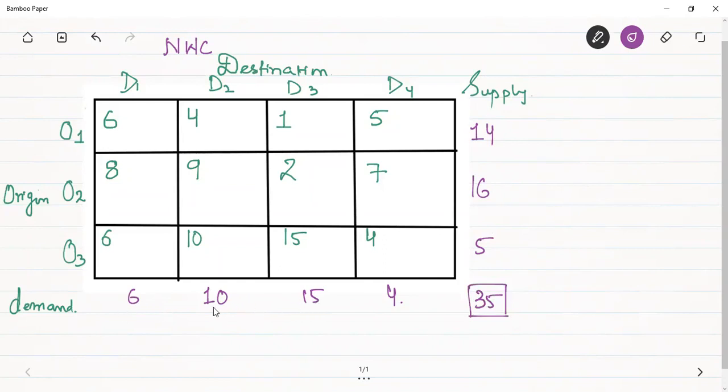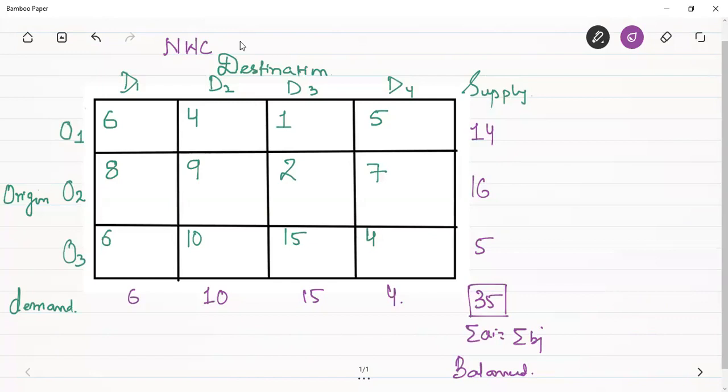You can clearly see that this is equal to 35. Therefore, summation of ai is equal to summation of bj, so we can say that this is a balanced transportation problem. For the unbalanced, we need to first balance the transportation problem. There is no issue in this case.